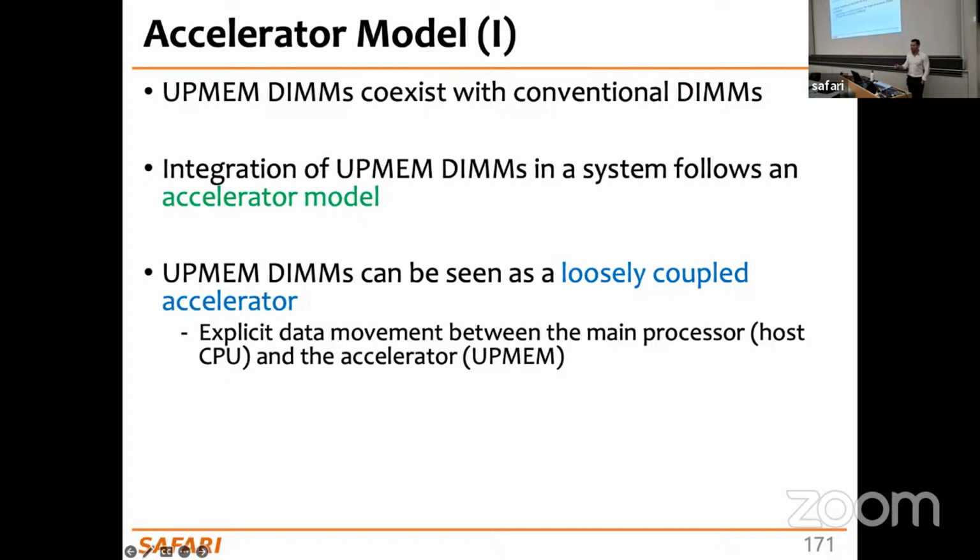One good example of a loosely coupled accelerator is GPUs. The alternative is a tightly coupled accelerator, where the accelerator sits in the same address space as the processor itself. A good example of a tightly coupled accelerator is the vector processors in your CPUs.